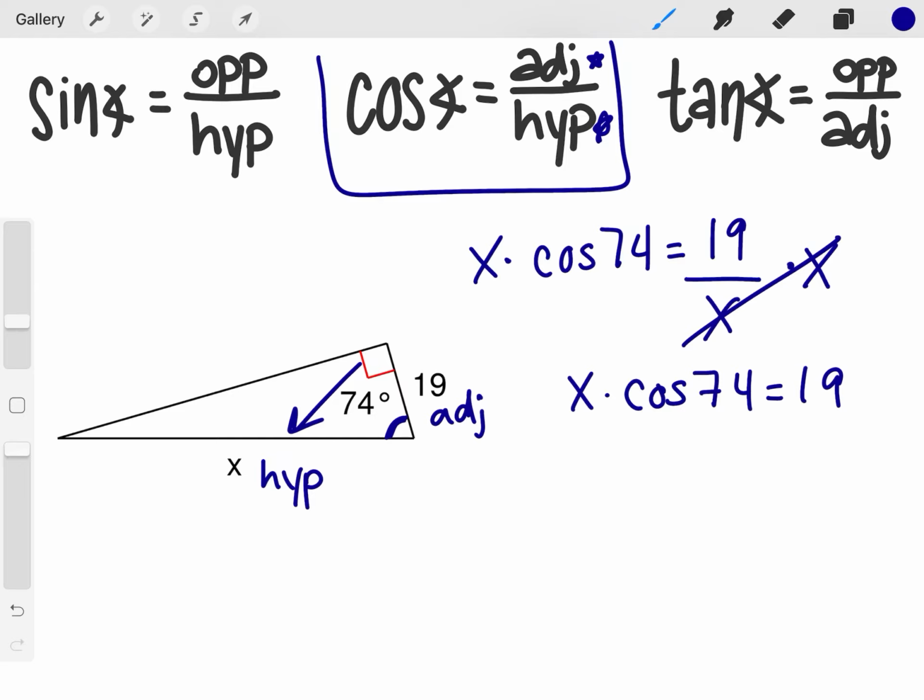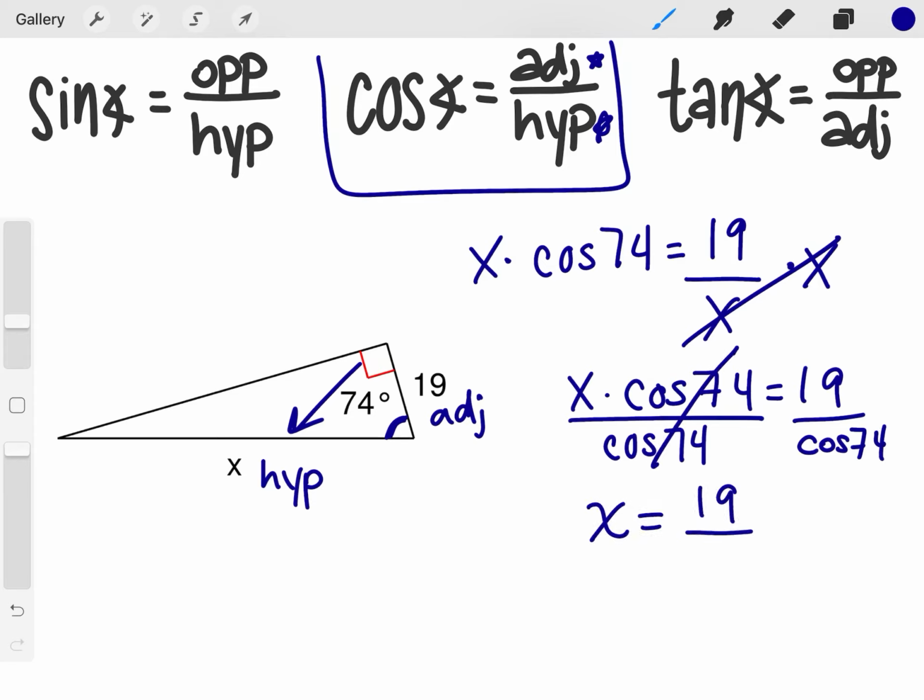It's currently being multiplied by the cosine of 74. Good, we're going to have to divide both sides by the cosine of 74. Cross that out, we get x equals 19 divided by the cosine of 74.